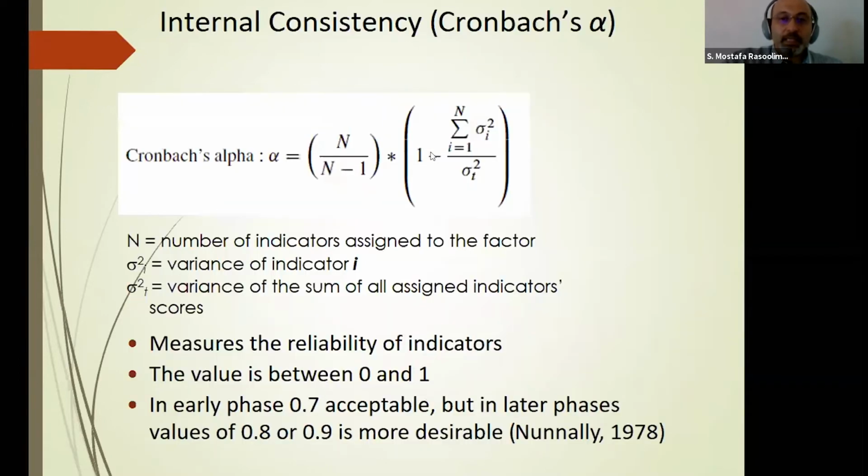This is the formula for internal consistency. Just to know, no need to do manually or memorize this formula. So software can calculate these parameters based on the formula for you.